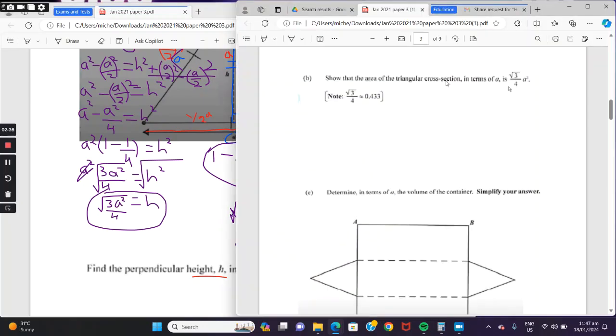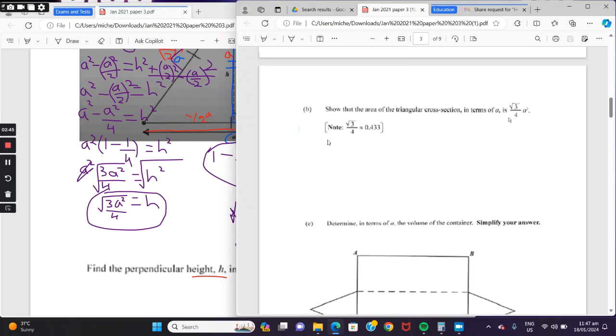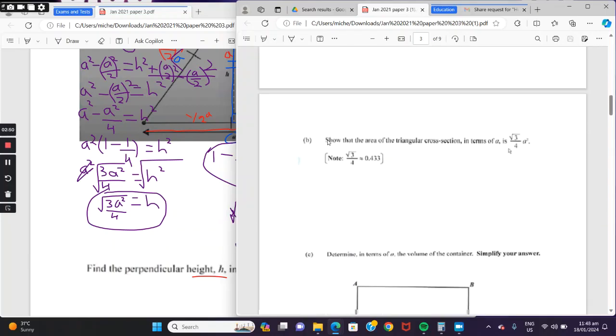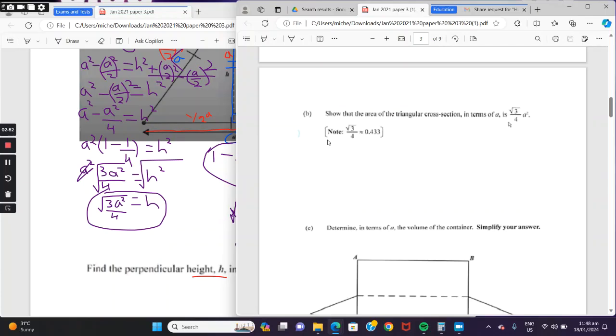Just hold on, let me make sure. Oh, okay. Part A was saying find the height in terms of a. And part B is saying to show the triangular cross section.